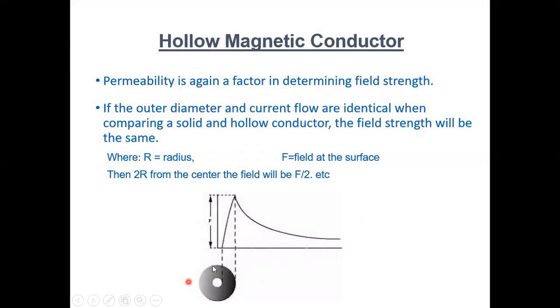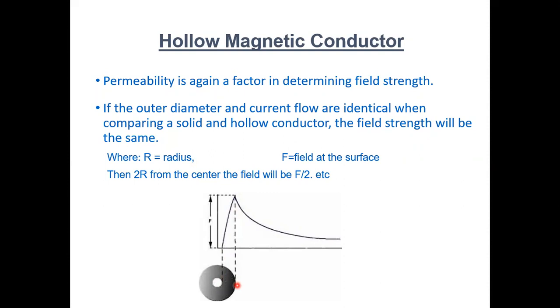Now instead of solid, we are taking a hollow conductor. You see the field at the ID is zero, and then it increases, and we get the maximum at the OD, the outer diameter, and after the outside diameter the field again reduces because of the permeability of air.